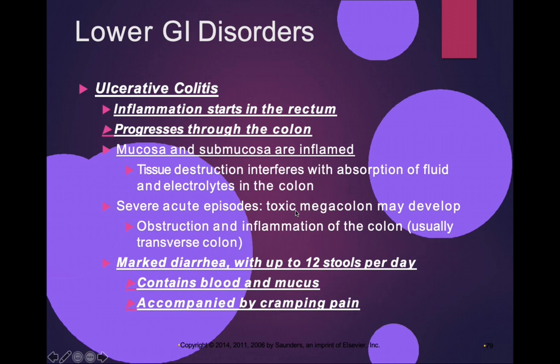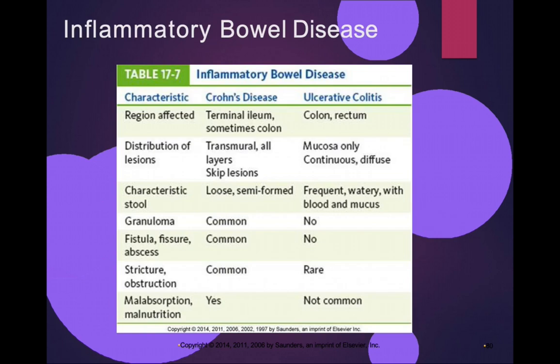Toxic megacolon may develop. There's marked diarrhea with up to 12 bowel movements or stools per day. The bowel movements and the diarrhea contain blood, they contain mucus, and are very, very cramped. This is manageable. I have several patients that I treat that have this.